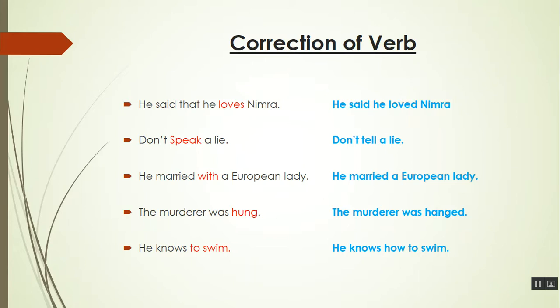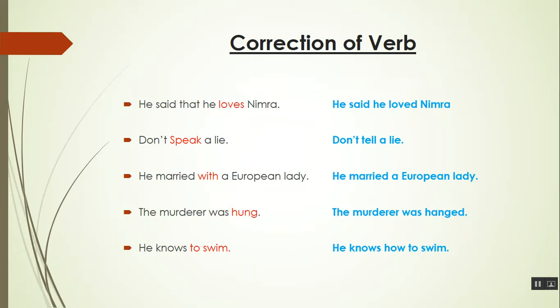And if we are hanging a non-living thing such as cloth, a fan, or towels, we use hung. The murderer was hung is incorrect, because the murderer is a human being. With a human being we use hanged, not hung. The murderer was hanged is the right sentence. You have to pay attention to this because this is a most important sentence.